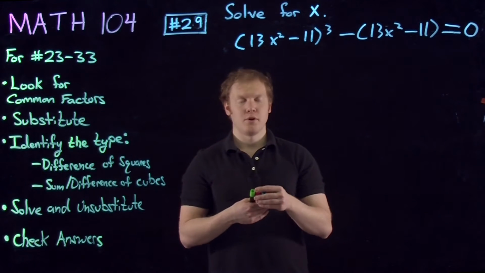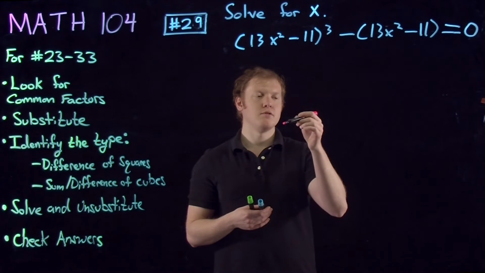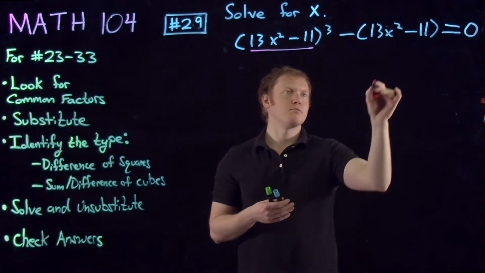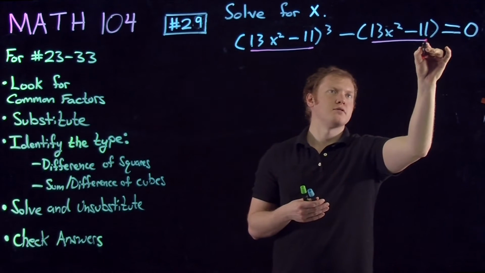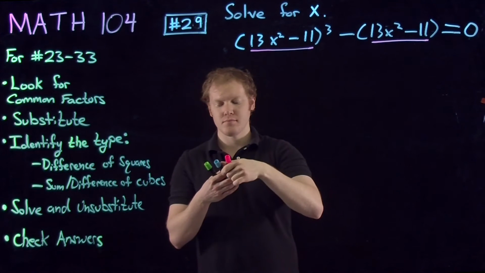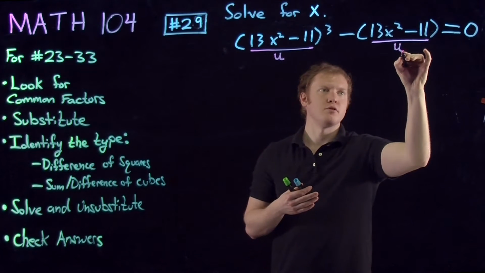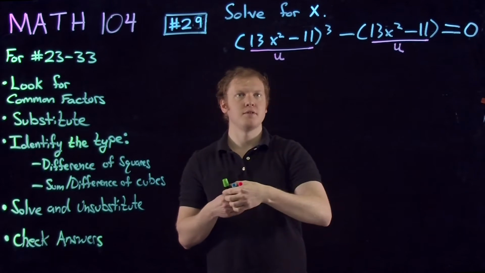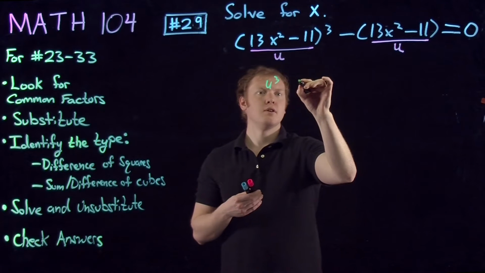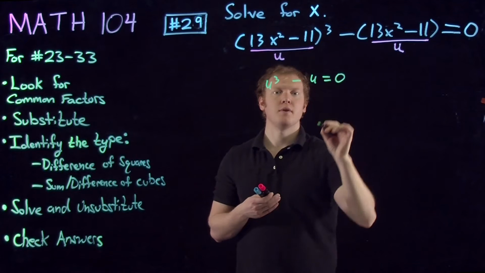So what we want to do first is make note that we can use u substitution for the quantity 13x squared minus 11 here and 13x squared minus 11 here. And this will be our u, which will then give us the equation u cubed minus u equals 0.